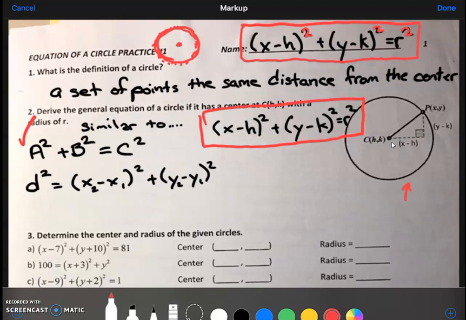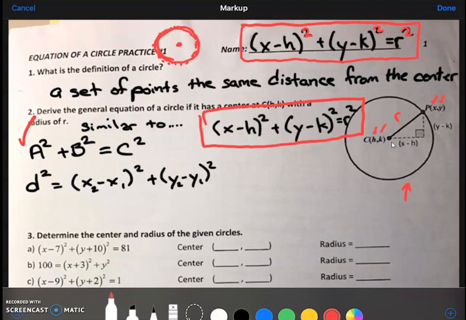The equation derives from this: here's the center, h and k, here's a point on the circle, x and y, and this distance here is r. The equation of a circle comes from the fact that there is a right triangle here, a squared, b squared, r squared. Or you can look at this as the distance of a line.